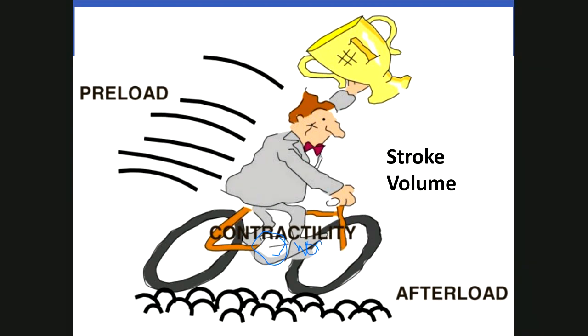You're using a lot of energy, a lot of muscle, and so on. Well, when the heart contracts, it's the same way. So if this guy pedals harder and faster, what's that going to do to his speed? What's that going to do to stroke volume?